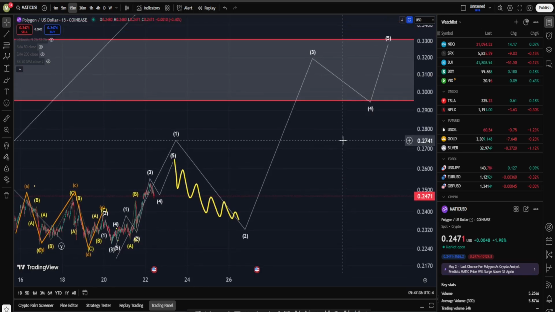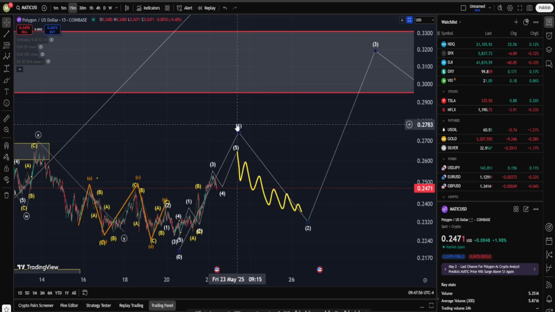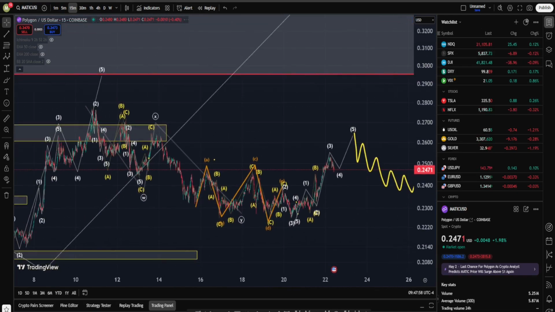And since one very important characteristic of a wave 3 is being quite a strong and sharp move on the upside, we can expect the next move up in Polygon after this consolidation pattern to be absolutely huge and massive. And right in here, assuming that we identified the right subwaves, fair enough, can be a great buy opportunity. So let's have a quick conclusion and wrap up today's update.